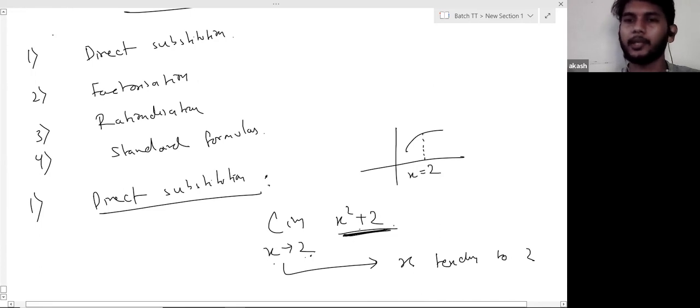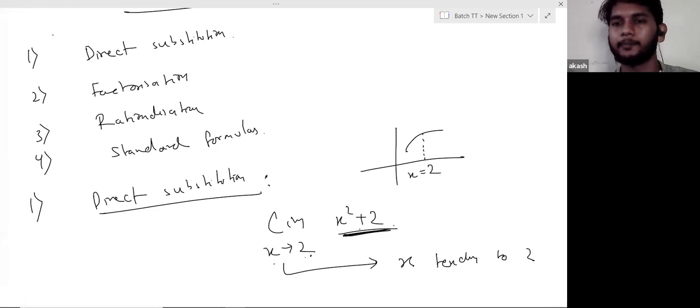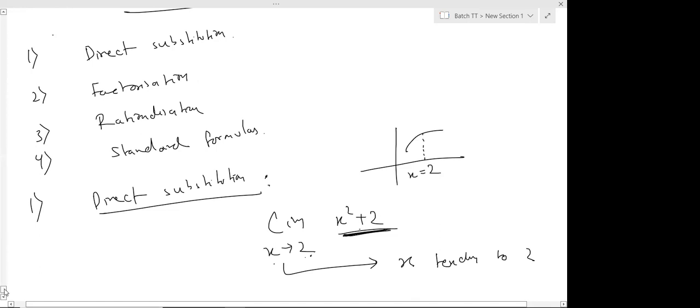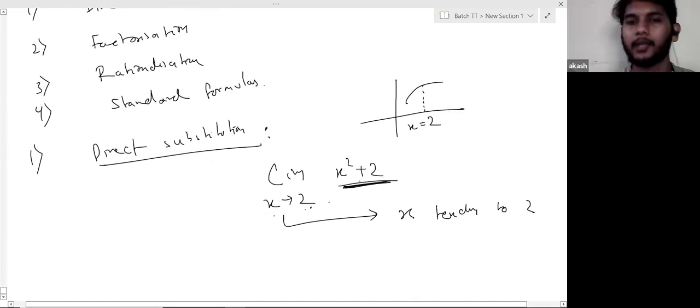So 6 is an okay, normal number, right, Sahel? Right, sir. So we can directly put the value of x as 2 here, and the final answer will be 6. So we will say the limiting value is 6.